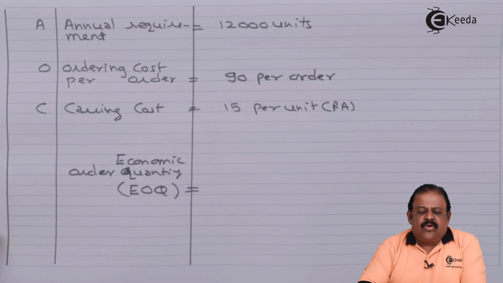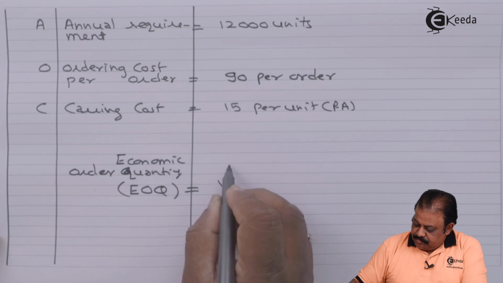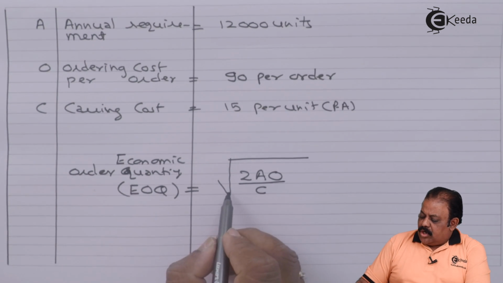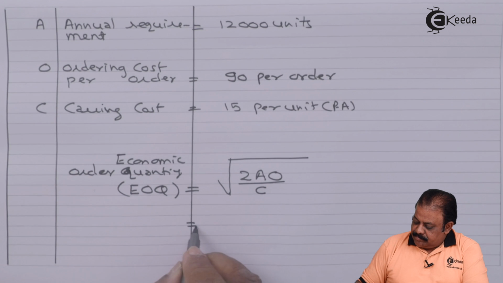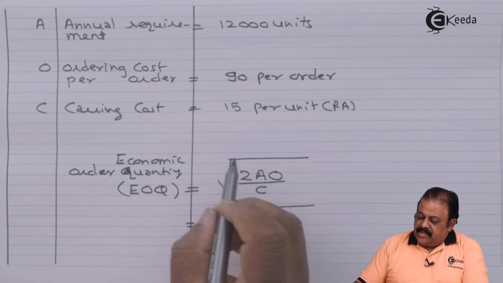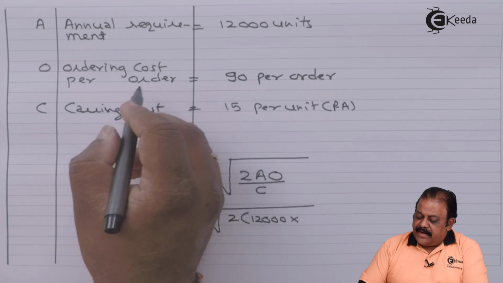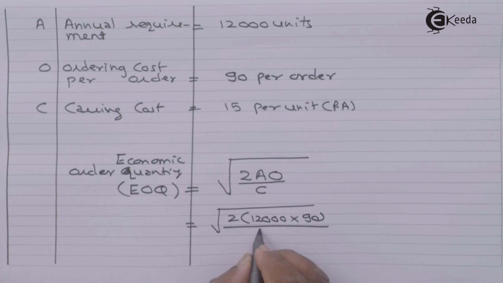We will try to find out economic order quantity with the help of equation, that is square root of 2AO divided by C. Here A means annual requirement, O means ordering cost per order, C means carrying cost.